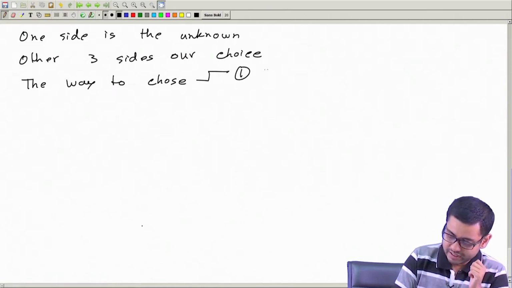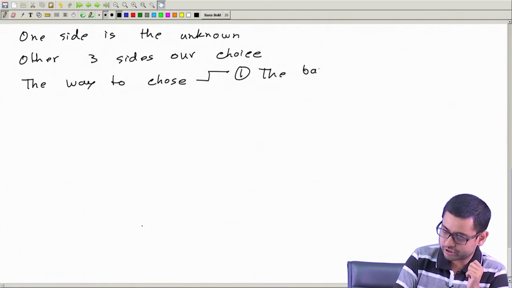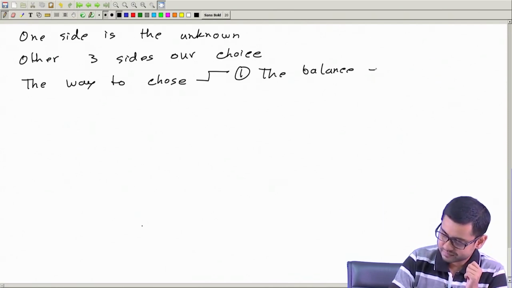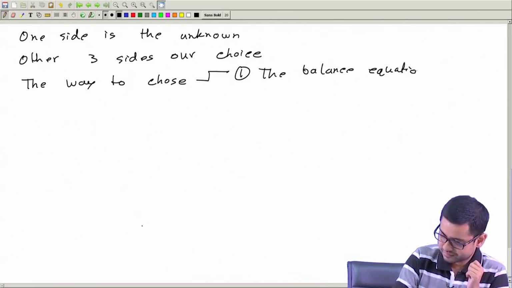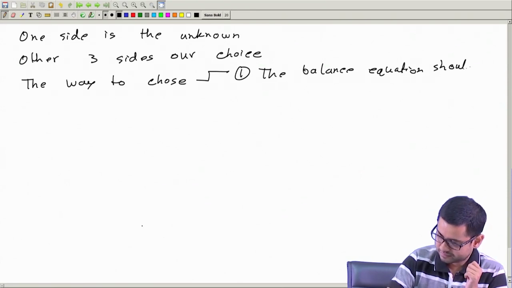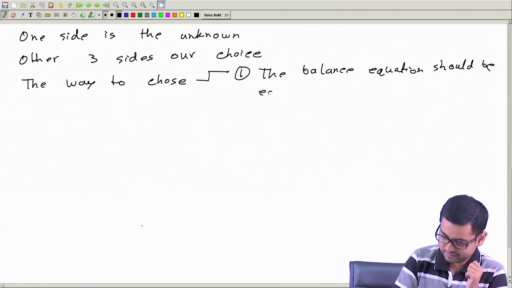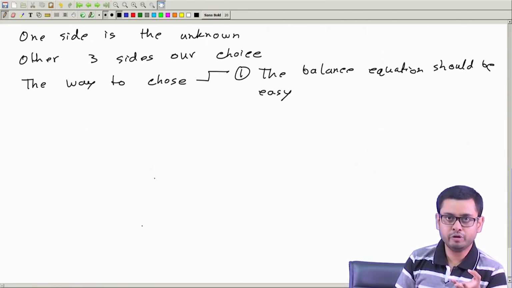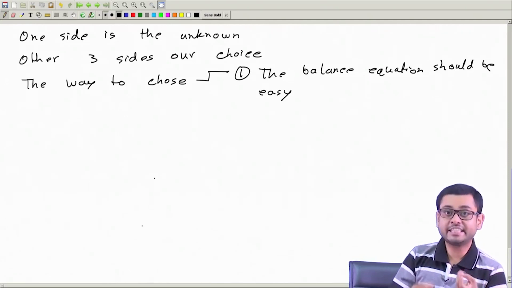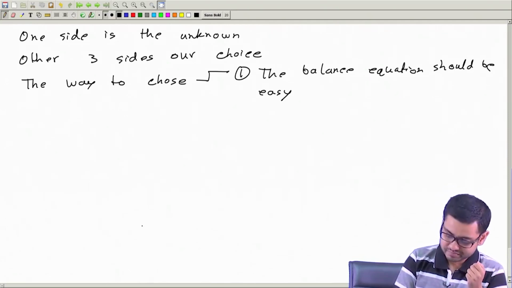Number one, the balance equation should be easy. I mean, we would like to have an easy looking balance equation.